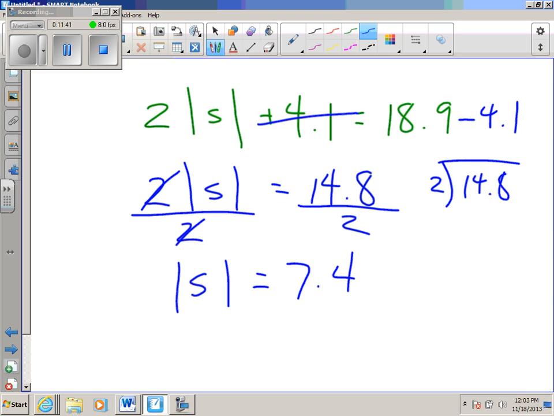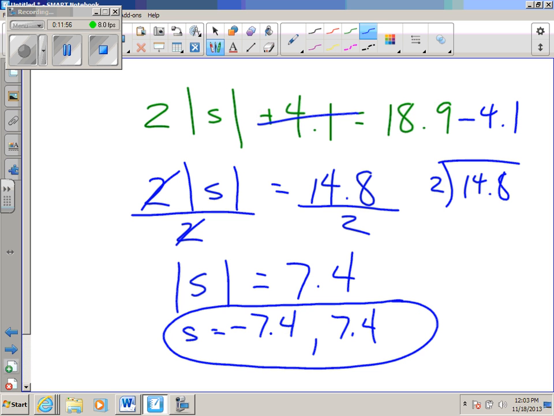S can either be what or what? Positive 7.4 or negative 7.4. Those are your solutions. Okay, so once you get it to that point, finding the absolute value of just s is really no big deal.